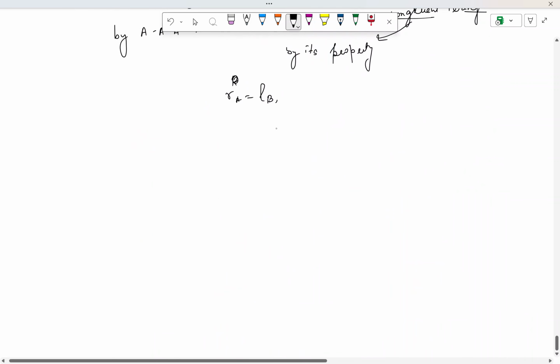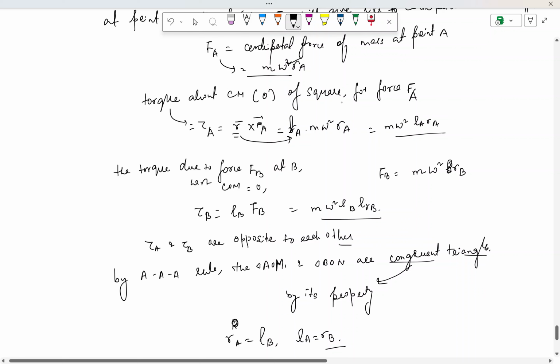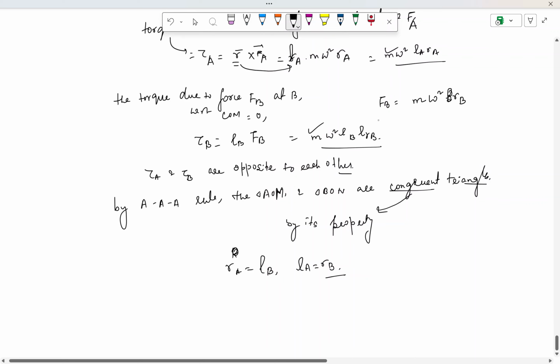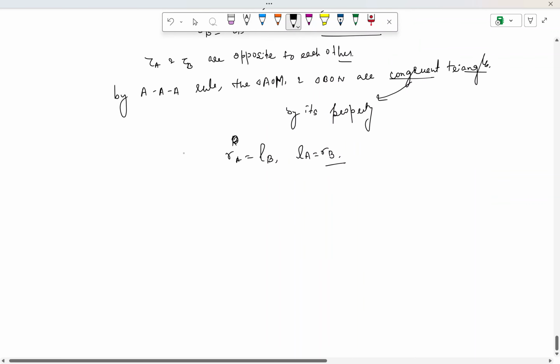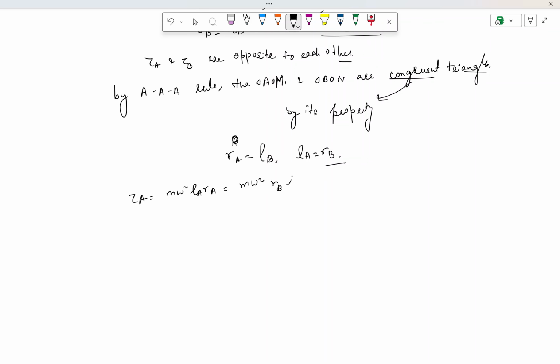So this makes tau A equal to tau B, because this has m omega squared common and LA RA and LB RB. So this is m omega squared, LA is RB and RA is LB, and tau B is already that.